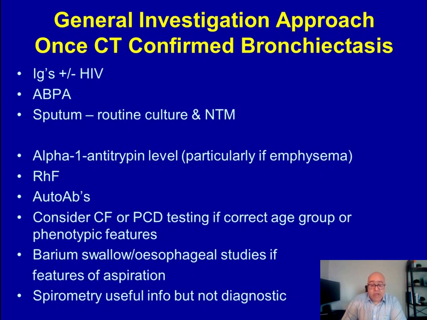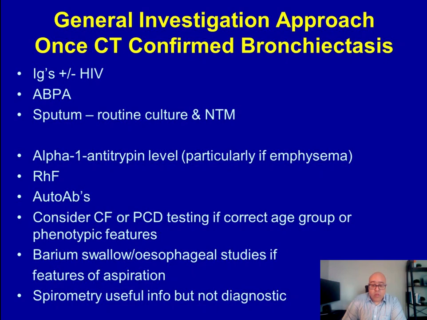Rheumatoid factor, clearly if you've got anyone who's got joint pains or discomfort. Autoantibodies may be relevant. And of course, we're going to consider CF testing or primary ciliary dyskinesia testing in our younger patients, but also particularly, as we said before, if they have those upper airways, nasal, ear problems of note.